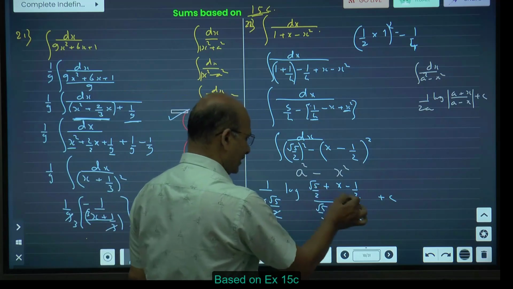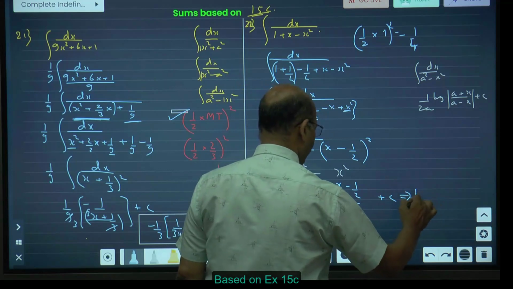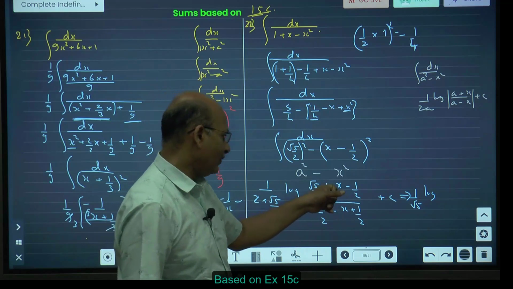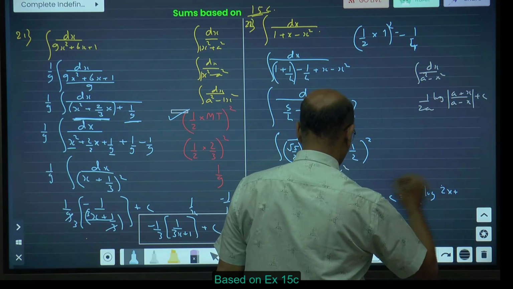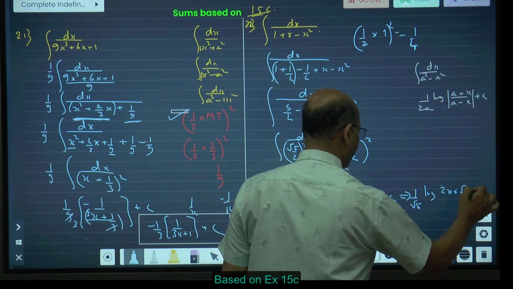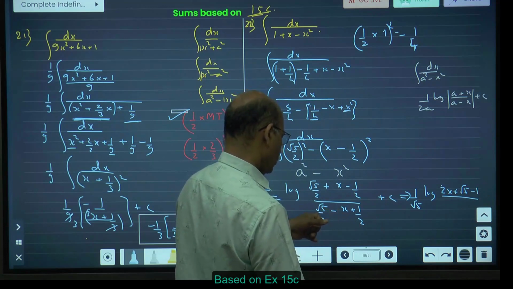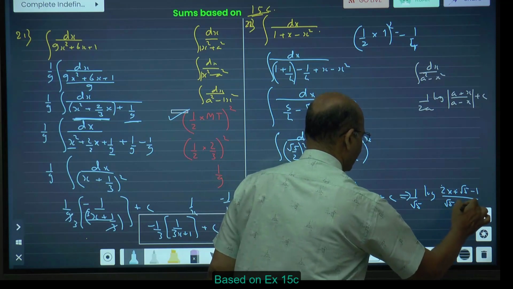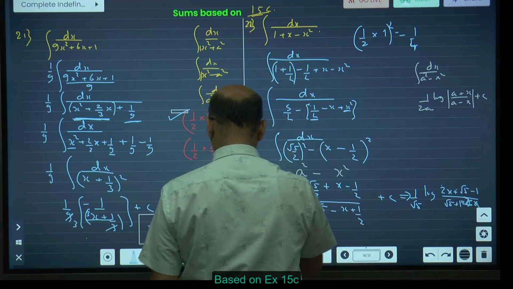If I find the LCM, eventually it will end up as 1 upon root 5 log of, just see what happens guys, LCM will be 2x here. So you can say 2x plus root 5 minus 1 upon root 5 plus 1 minus 2x. Sorry, I'll just have to work out with this now.